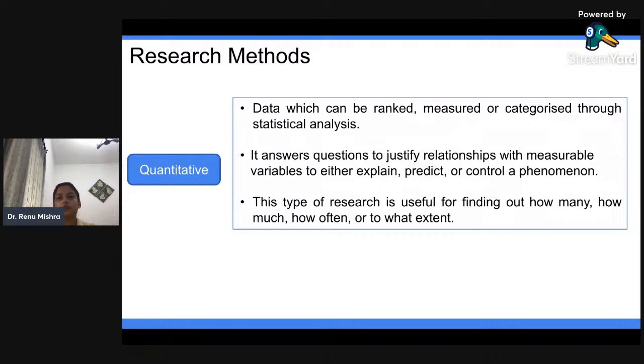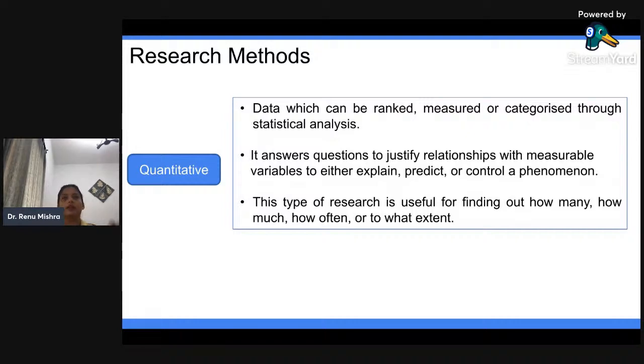When you discuss the emotions of an individual, you literally can't rank the emotions of the people which you have observed. However, when you talk about quantitative data, the data is of such nature which can be measured, which can be ranked.